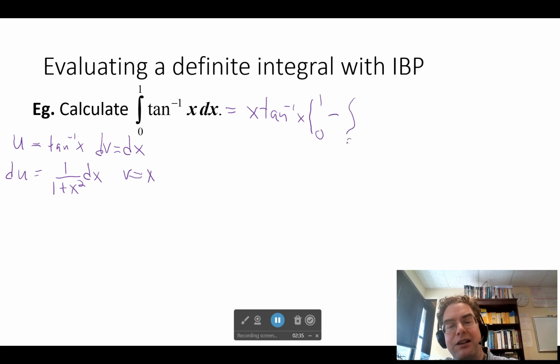And then we have minus the integral, also still with those same limits of integration, of v du, so we're going to have x in there. For du, we've got 1 over 1 plus x squared, so I'll put that 1 plus x squared in the denominator, and then we multiply by dx.